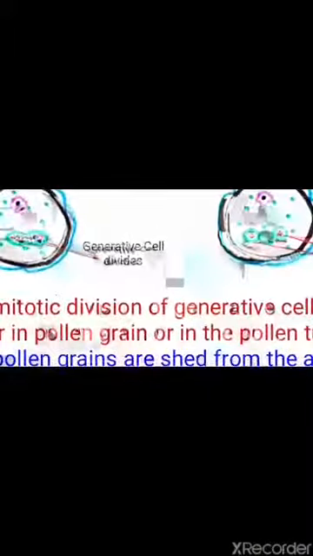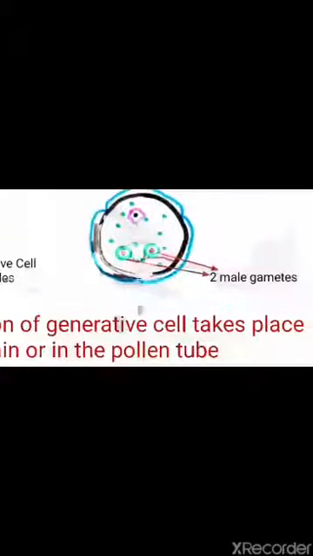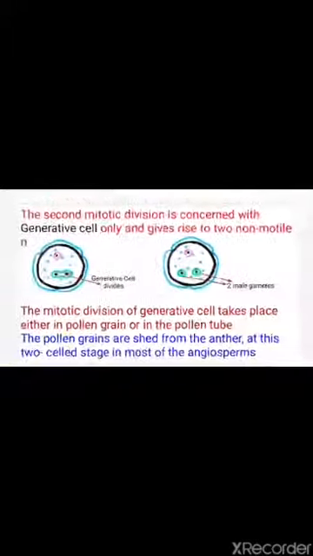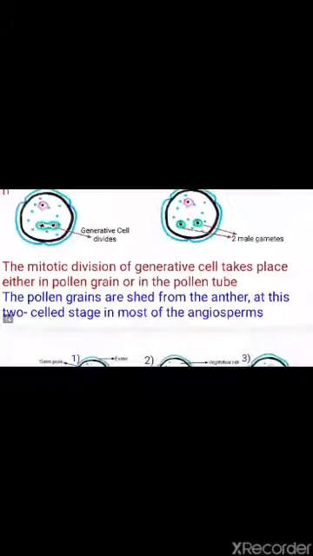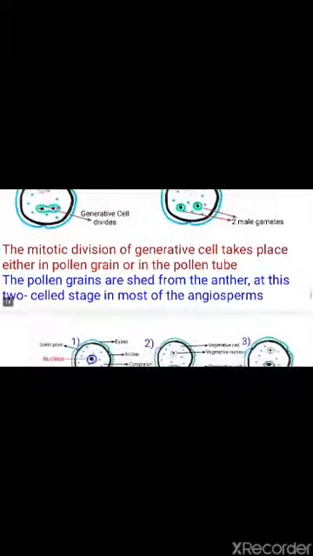The generative cell divides and forms two cells, and these two cells form two male gametes. This division of the generative cell takes place either in the pollen grain or in the pollen tube.